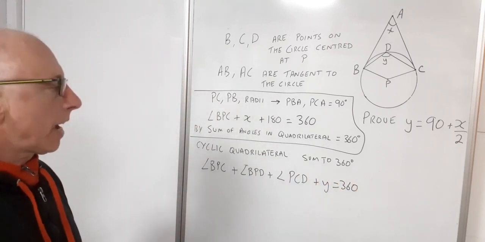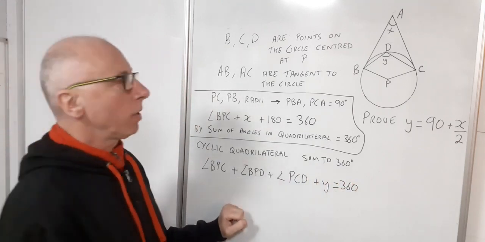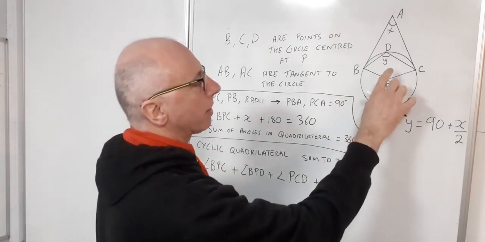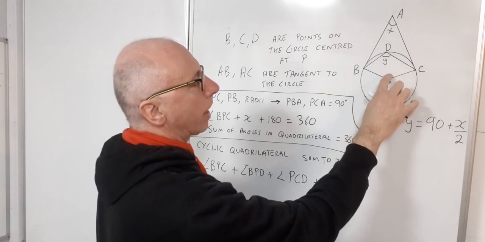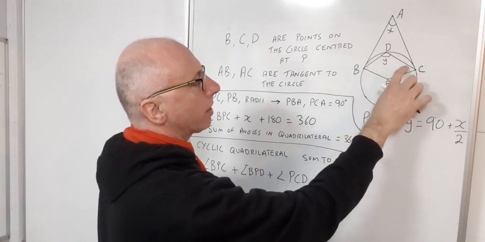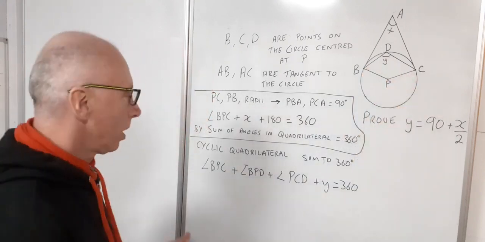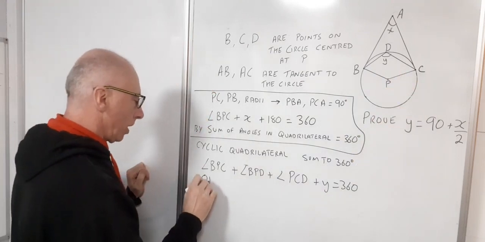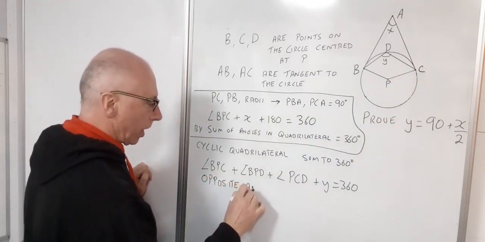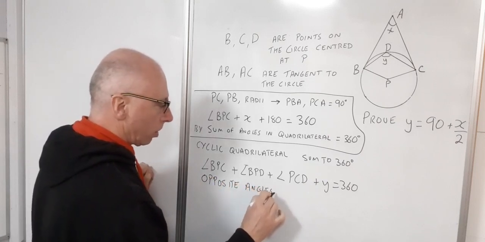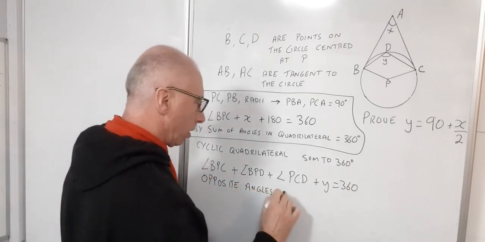Okay, now what I can also say with a cyclic quadrilateral is that this angle and this angle will be the same, and this angle and this angle will also be the same. So opposite angles also equal. So that's what we can say about our cyclic quadrilateral. Opposite angles equal.